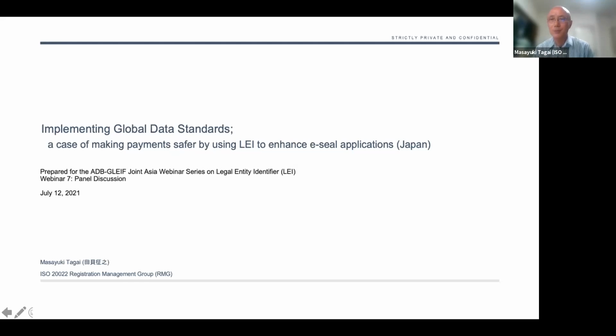Through that journey, since this April, I've been elected as the convener of the ISO 20022 Registration Management Group, which technically approves new message proposals that come into the over 700 message repository.